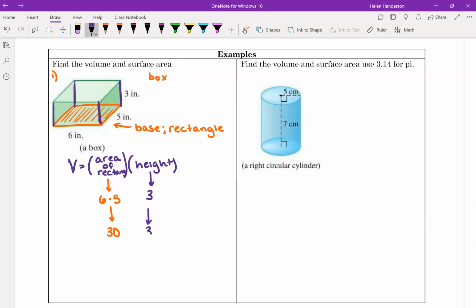So we'll be doing 30 square inches times 3 inches. And when you do that, you get 90. And then inches squared times inches to the first makes inches cubed. So these are cubic inches.